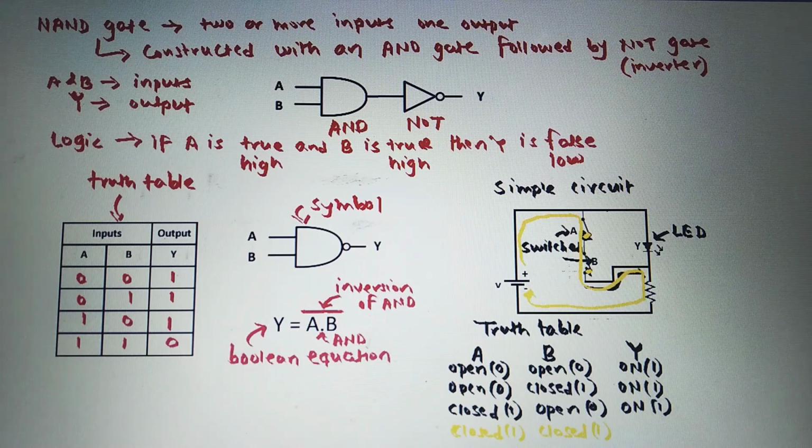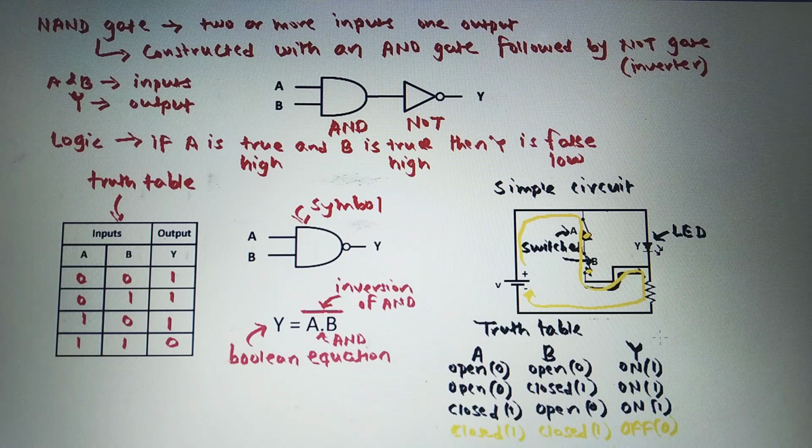So when both the switches are closed here, then the current will flow through this path that is shown here with this yellow line. So there will be no current flowing through this LED, so LED will not glow, so it will be off. So it is represented as binary 0.